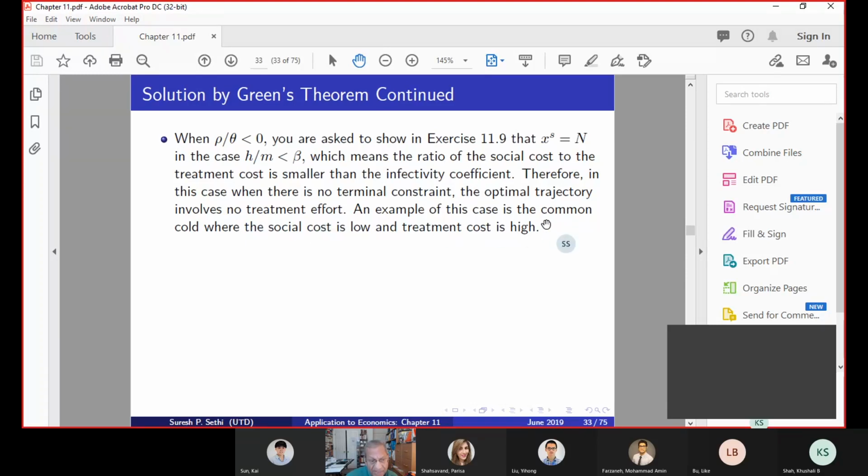An example of this case is the common cold. Not flu, common cold. Common cold meets this criterion. The social cost is not that large, and the treatment cost may be liberalized. But what is going on then is that you don't treat anybody. People just recover from common cold at home.